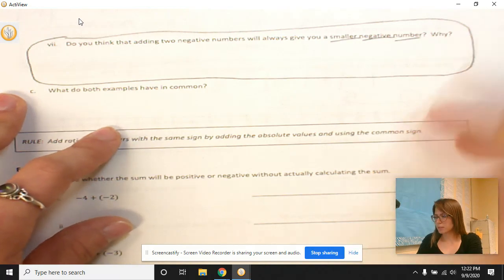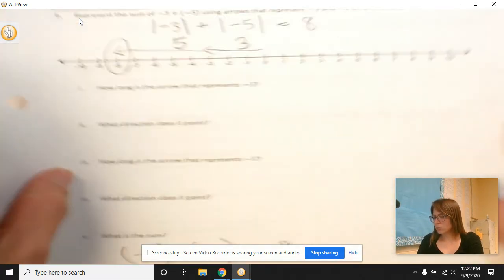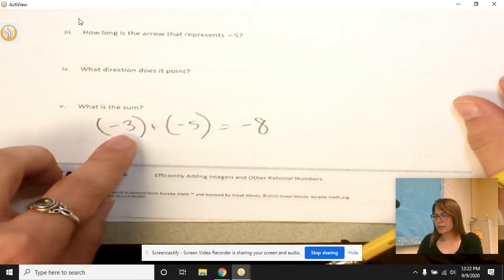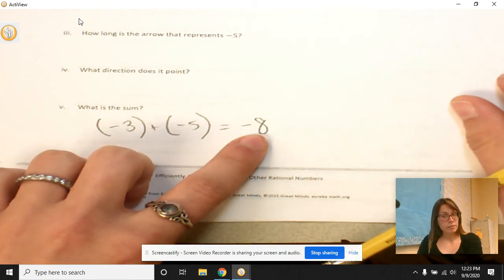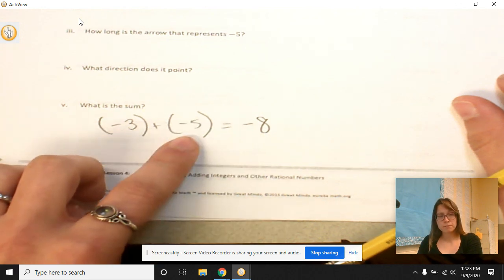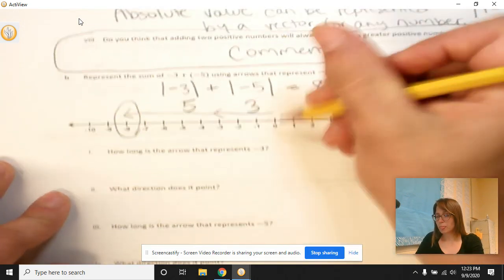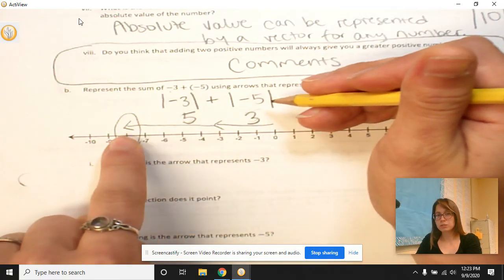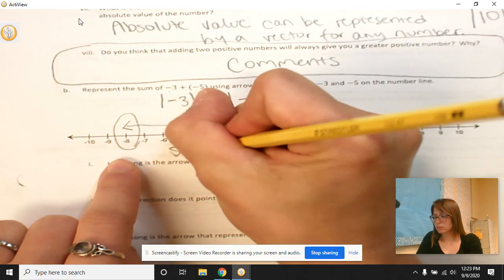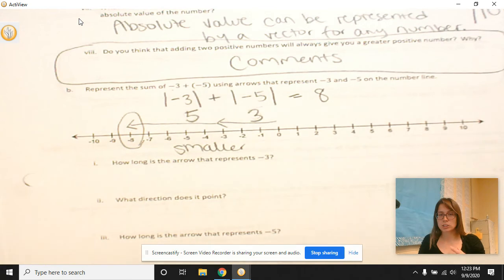Because you may be thinking, oh, well, I added -3 and -5 and I got -8. Isn't -8 a larger negative number than either one of these? Well, if you remember, whenever we first talked about negative numbers, we said that the further to the left we go, the smaller the numbers actually are.